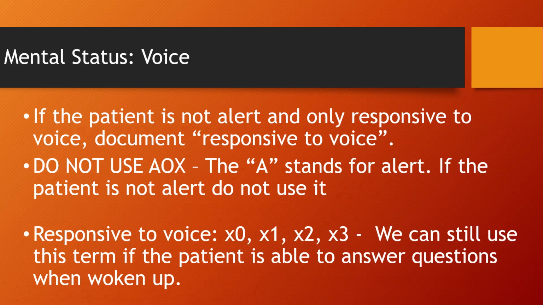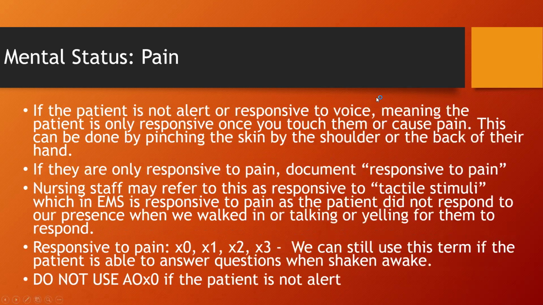So I want to get specifically what their mental status is under responsive to voice. Do not use the term A&O anything if you do not have a patient that is alert. And again, if the patient is responsive to pain, meaning that you need to touch them or pinch them to get their attention for them to respond, once you touch them and generate a response, they're considered responsive to pain.